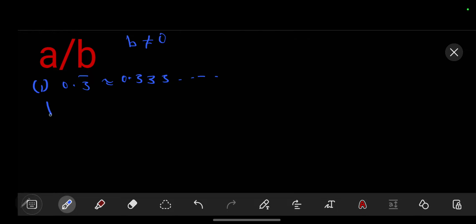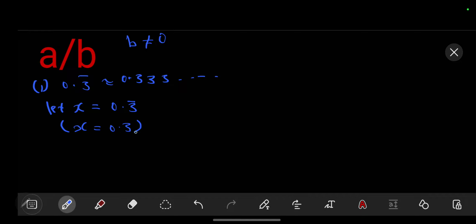So first let x be equal to the same number that we have been provided, which is our 0.3 bar. Then the second step: since there is only one repeating number here, we are just going to multiply the whole of this by 10. So we have x equal to 0.3 bar.